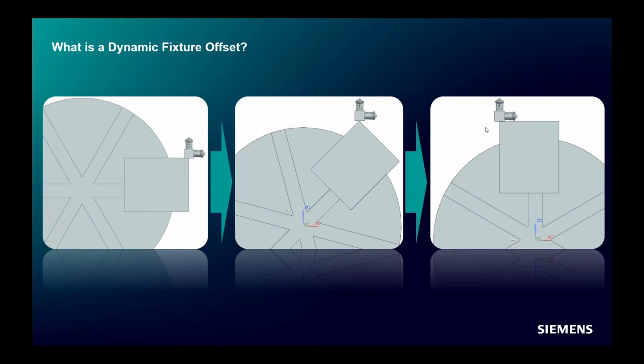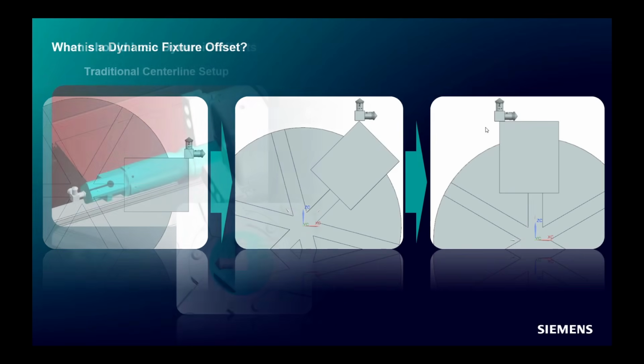So what a dynamic fixture offset will attempt to do is effectively track wherever my zero was placed on that part and calculate, as I move it around, this new zero location. That's what we're going to dig into in a lot more detail over the course of the next 45, 50 minutes or thereabouts.